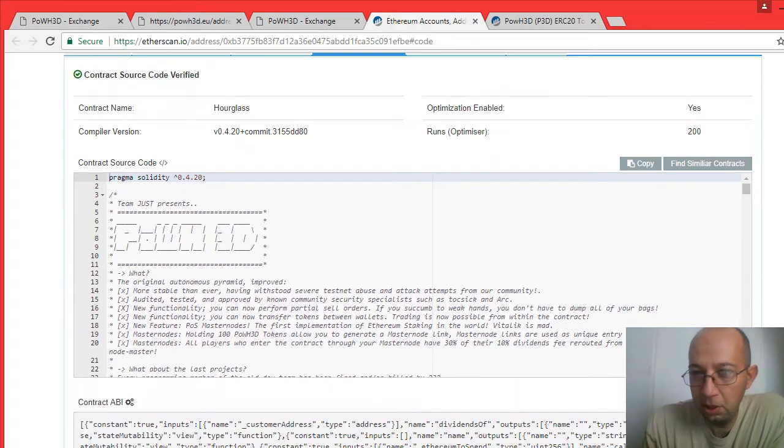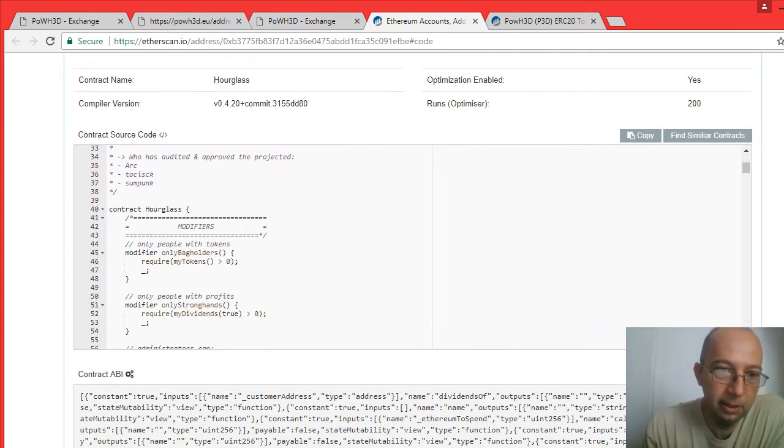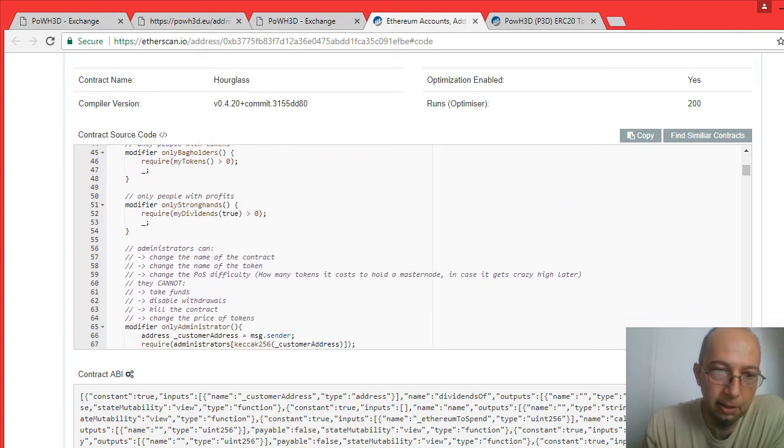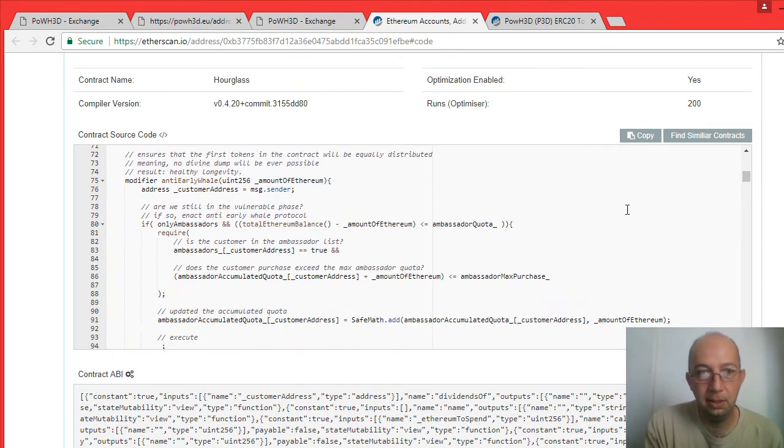If people are interested, I can do a video where we go through this code and literally go through every function in here and explain what it's doing. These early parts, this is setting what an administrator is, right? This is anti-whale.